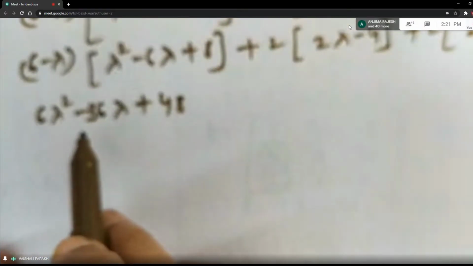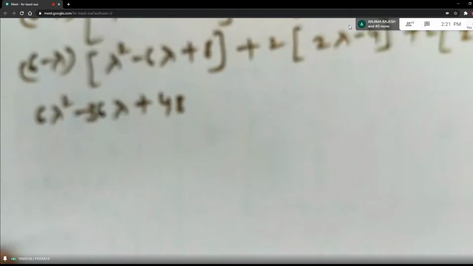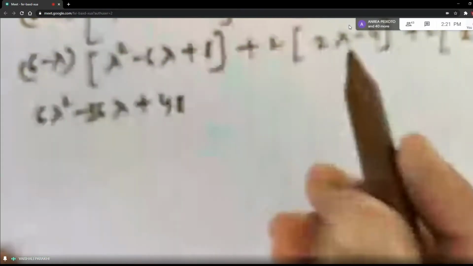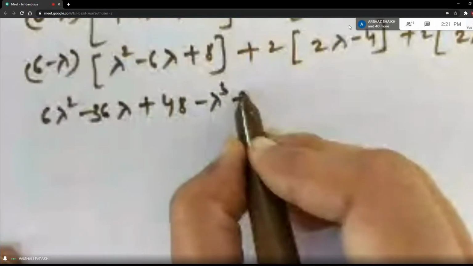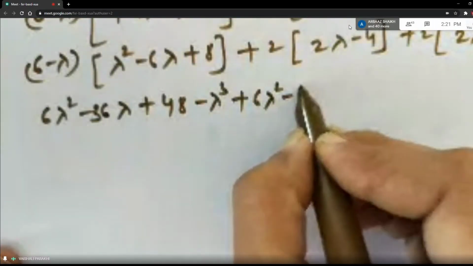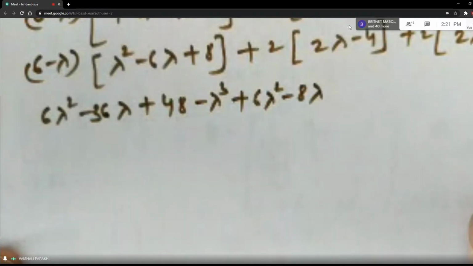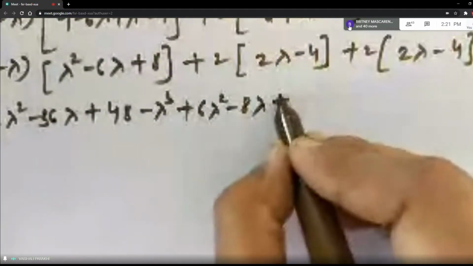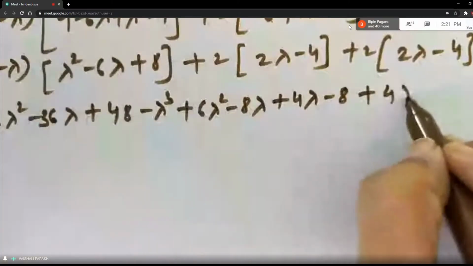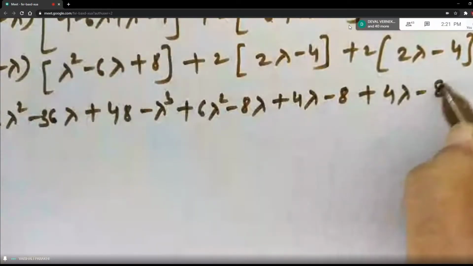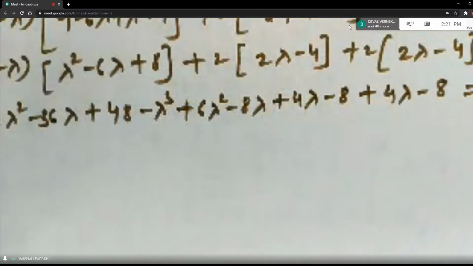Now I will multiply this bracket by minus lambda. So it is lambda cube minus 8 lambda square minus 8 lambda. Okay? So this is done. Now multiply this by 2. So it will be 4 lambda minus 8, is equal to 0.